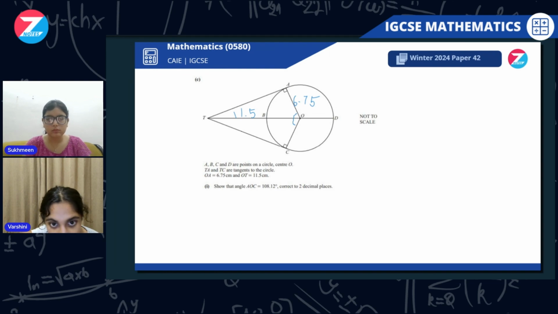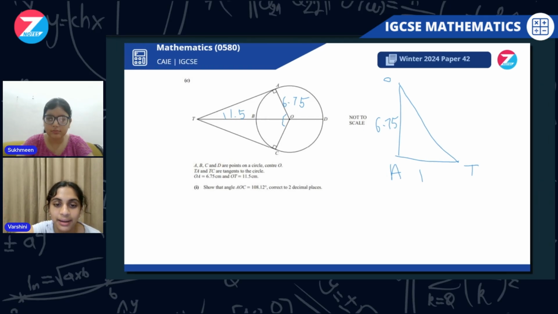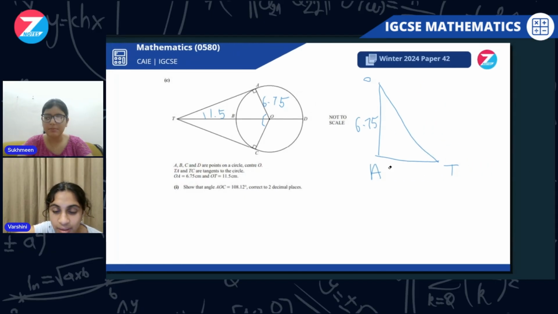Okay, so we're just gonna redraw the triangle here, AOT, and we know AO is 6.75, and we know OT is 11.5. We could just put O instead of T, that would be simpler.